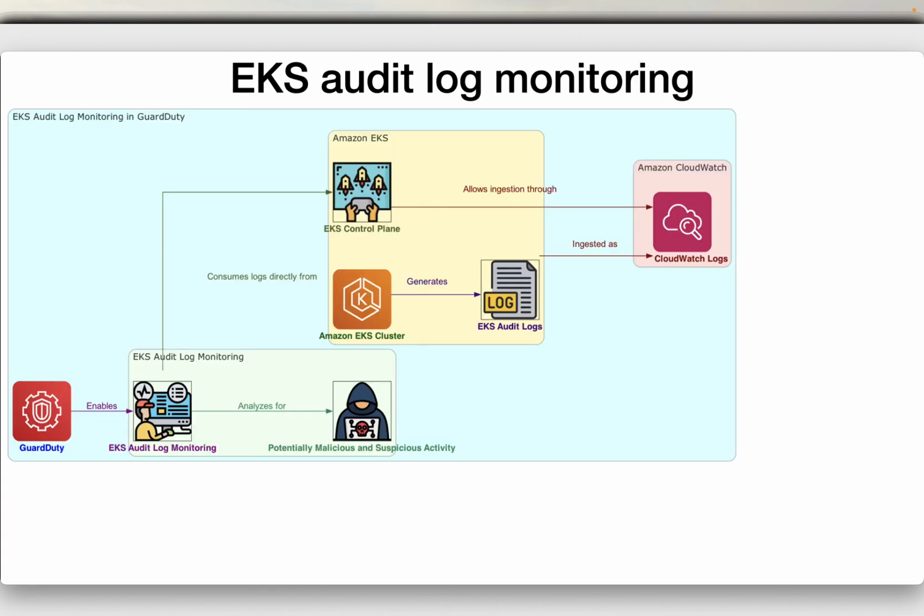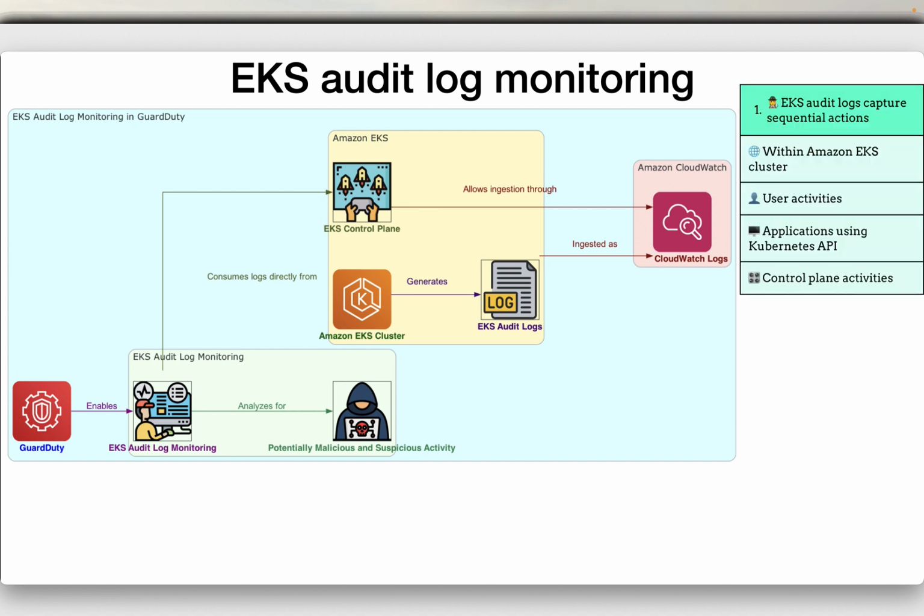Okay, next feature is EKS audit log monitoring. EKS audit logs capture sequential actions within your Amazon EKS cluster, including activities from users, applications using the Kubernetes API, and the control plane. Audit logging is a component of all Kubernetes clusters.